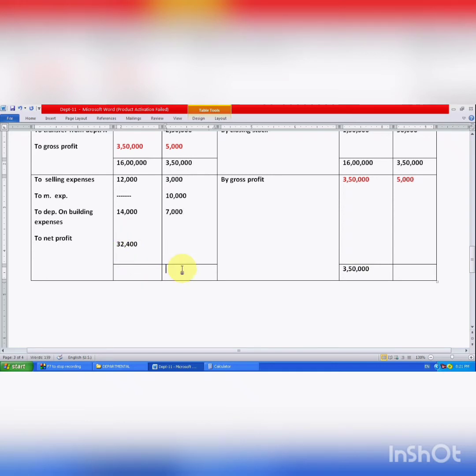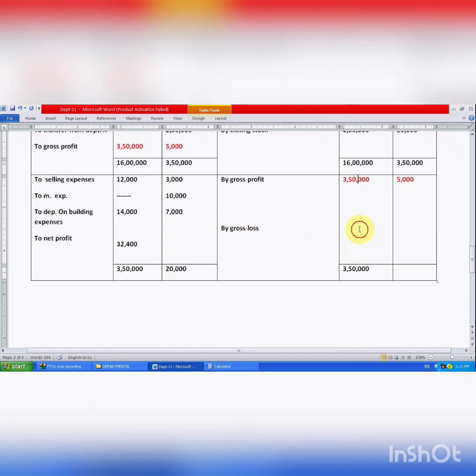Okay, this overall we have to calculate first. 10,000, 17,000, 20,000. So overall 20,000. This one 3 lakh 50,000. So debit is 20,000, income is only 5,000. So gross loss.